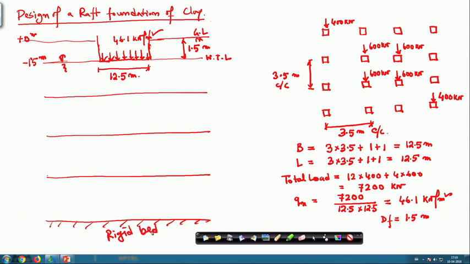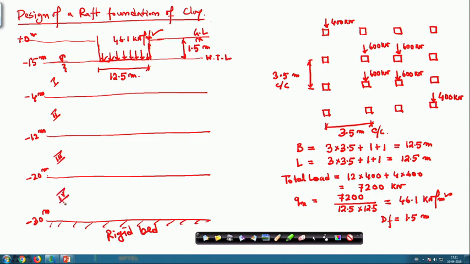Now the dimensions are given. This layer is minus 4 meter, this is minus 12 meter, this is minus 20 meter and this is minus 30 meter. Okay. So, the properties that are given are for layer number 1, layer number 2, layer number 3 and layer number 4. Okay.